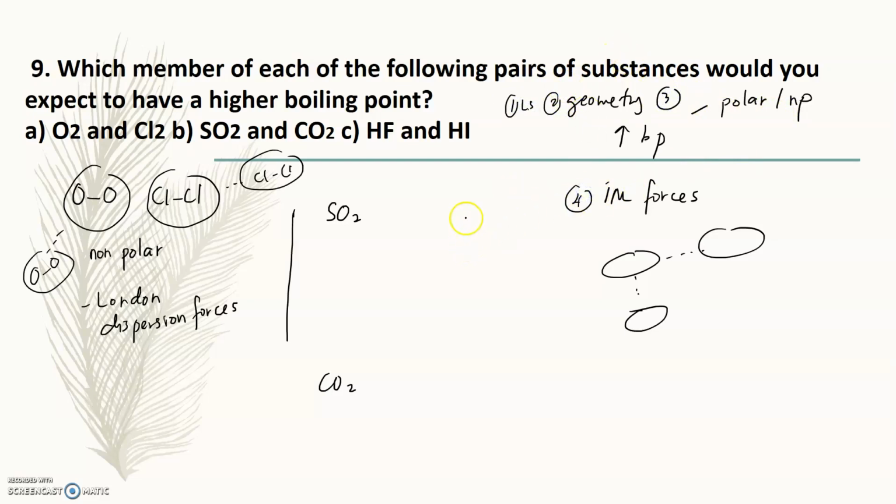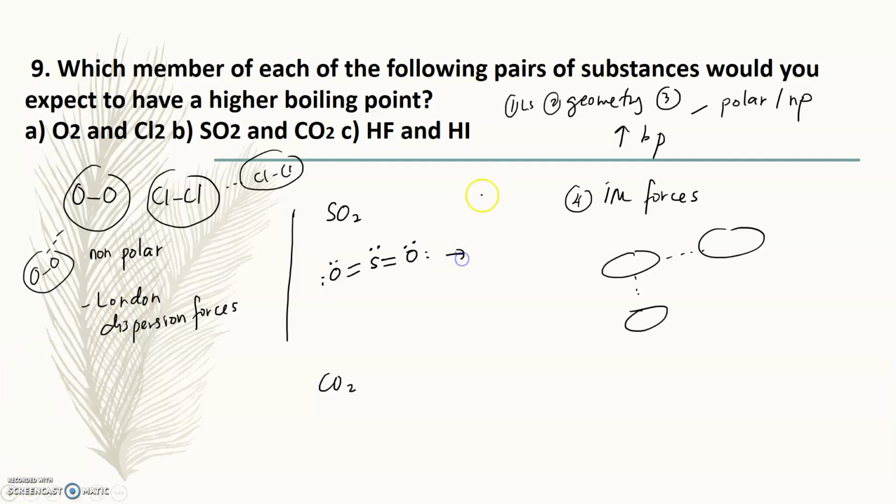For sulfur dioxide, you have to know whether it is polar or non-polar. So the geometry for sulfur dioxide: when you do the Lewis structure, you will get this Lewis structure for sulfur dioxide.